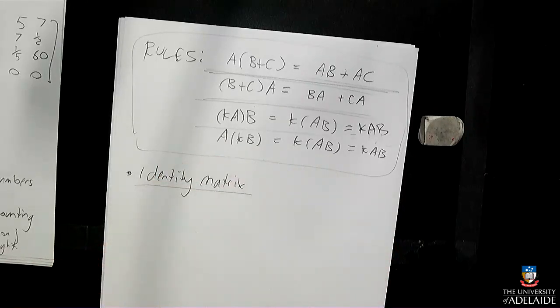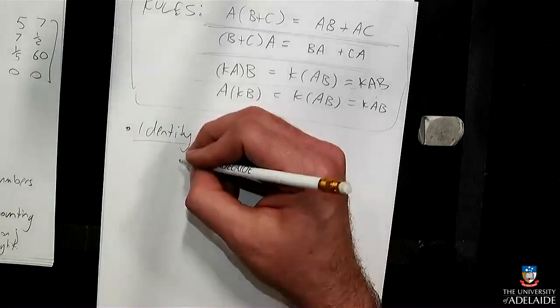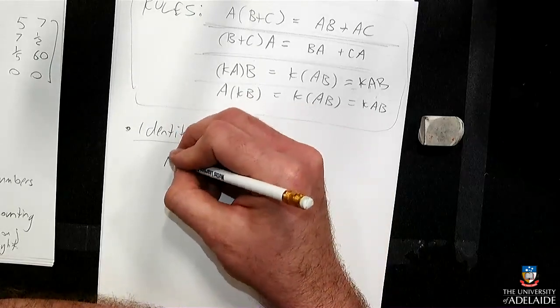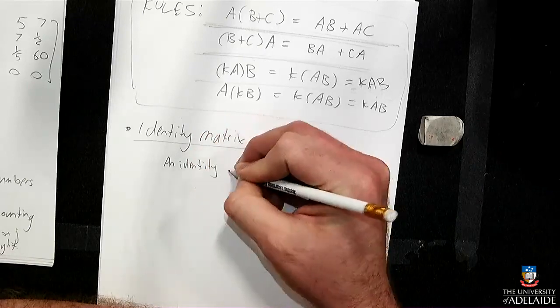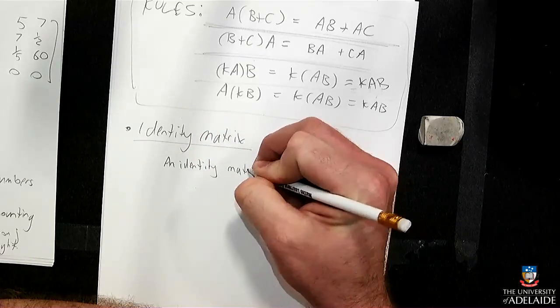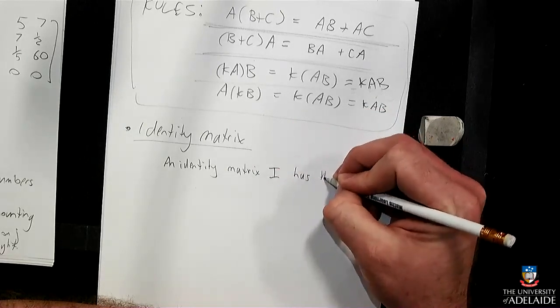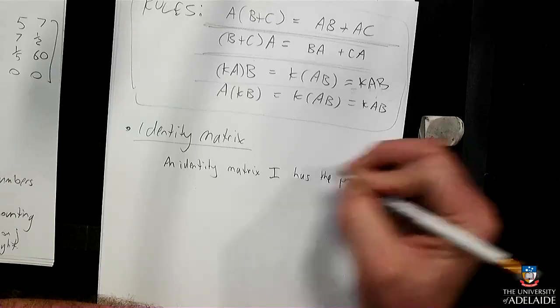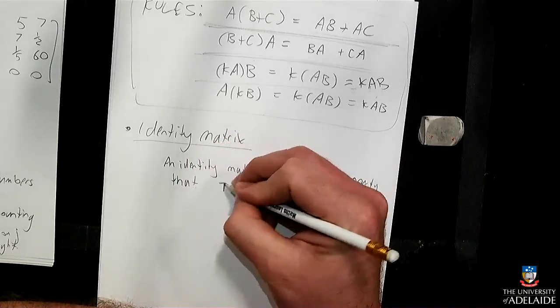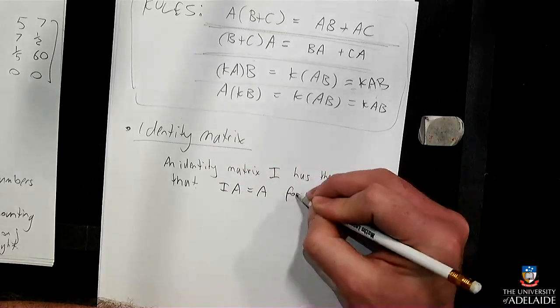Okay, so have an identity matrix, and the identity matrix does this. An identity matrix I has the property that I times A is A for all A where this is defined.